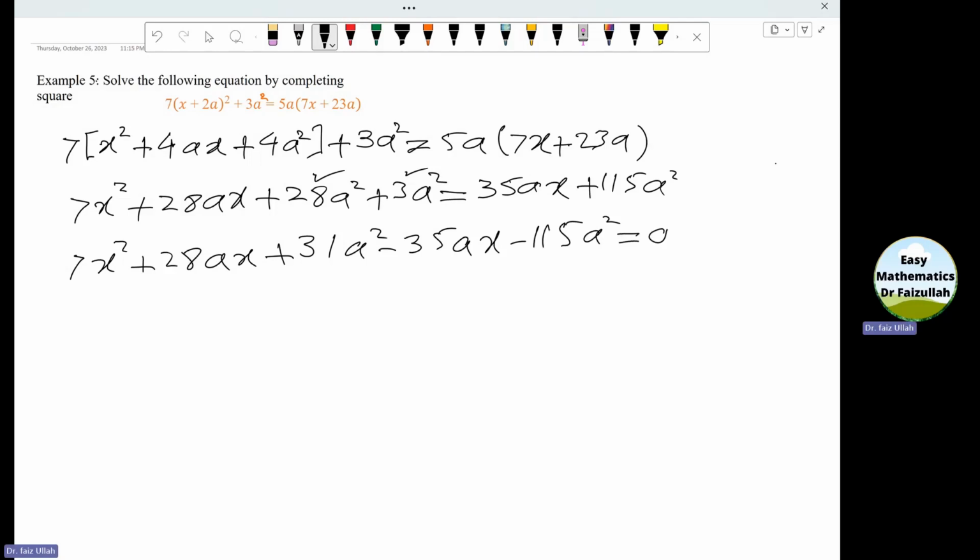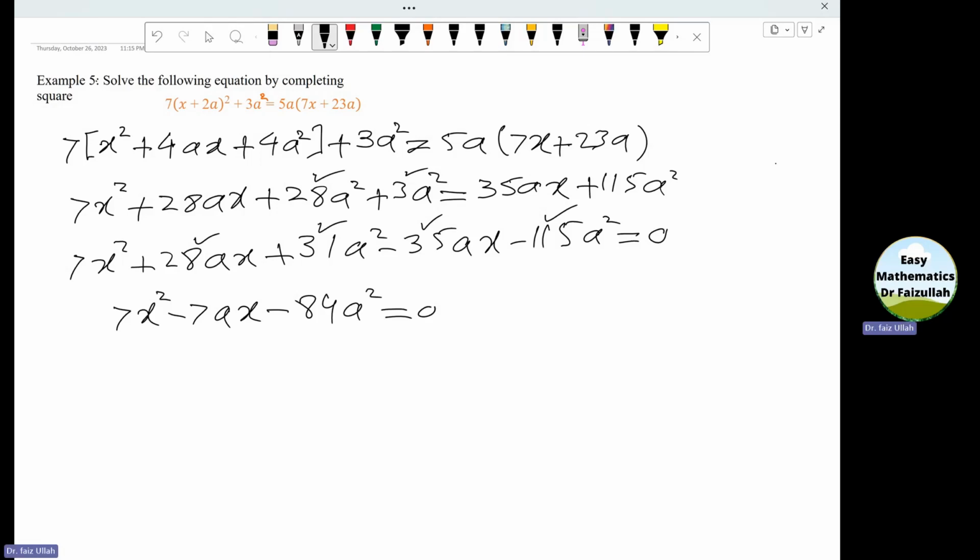Now let us further simplify this. We get 7x square. From 28ax and minus 35ax, we have minus 7ax. From plus 31a square and minus 115a square, we get minus 84a square is equal to 0.